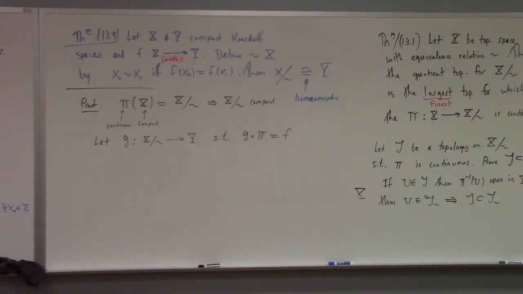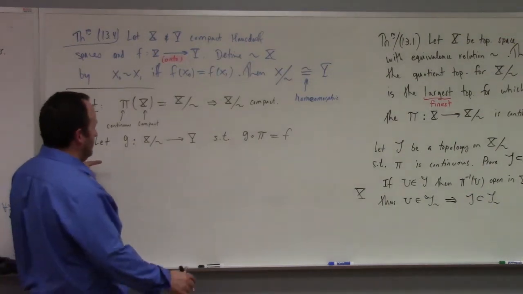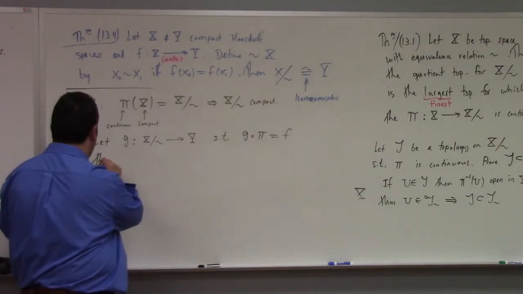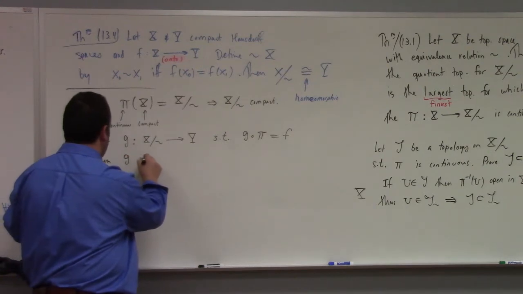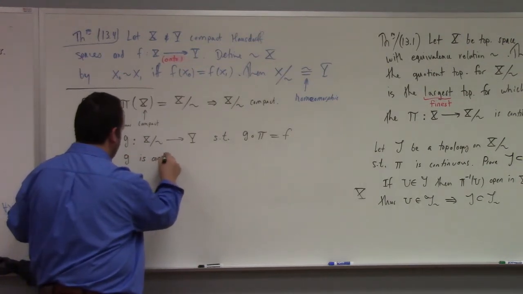Theorem 13.3, right, says that there exists a G from the quotient set of X with respect to the F fibers to Y, such that G composed with pi is equal to F. And what does that tell us? Then G is continuous.